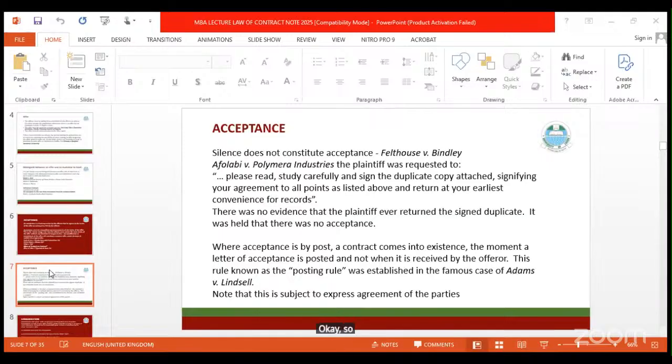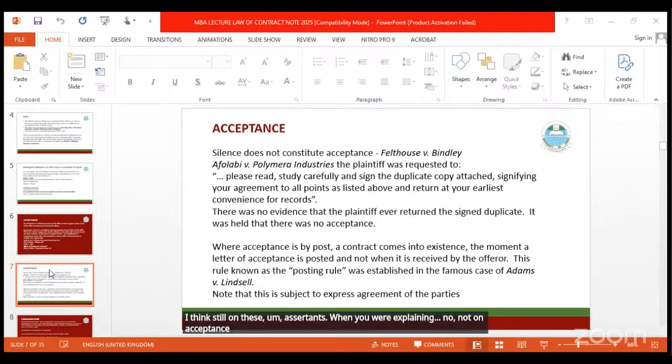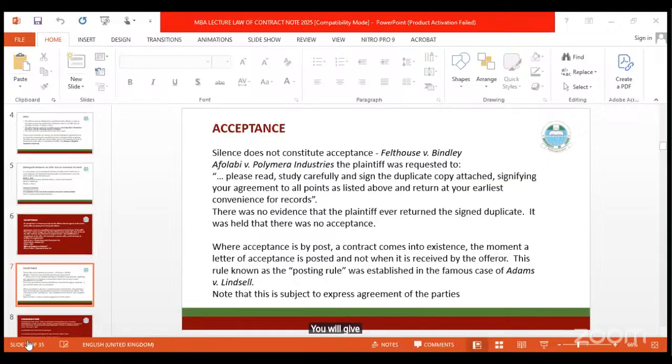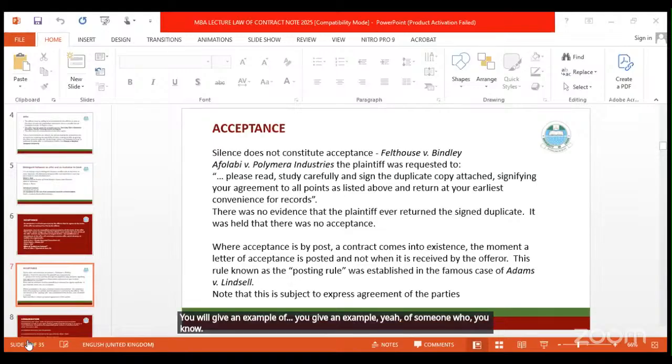Okay, so I heard number one. The second one is taking us a bit back, but I just want to clarify some things. While you were explaining the offer, you gave an example of someone who displays goods, and then someone comes to buy the goods. You said the person displaying the goods is just an invitation to treat.